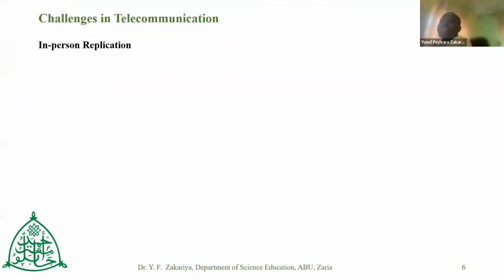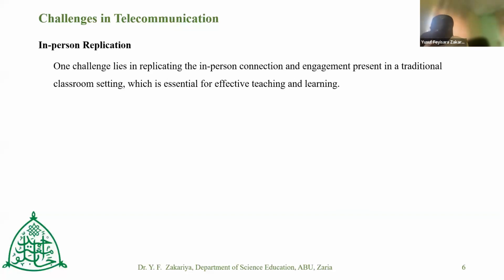And we said that telecommunication also comes with some challenges. For instance, especially in education, it may be difficult to replicate the physical classroom. The kind of interaction we used to have physically might be a little difficult when it comes to the use of the internet.